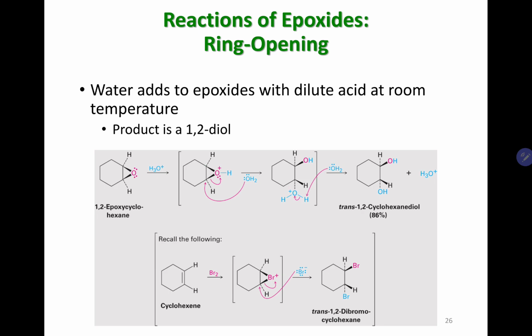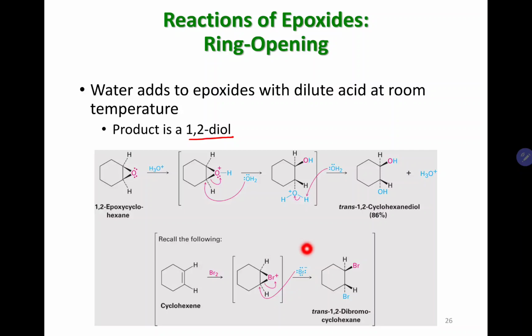Okay, so the first reaction that we are going to talk about is the epoxide ring opening using a dilute acid. In this first reaction we are going to use a dilute acid, and that is the only thing that you need. And in this reaction you will basically obtain a diol, or you can say a 1,2 diol, which is usually a trans product.